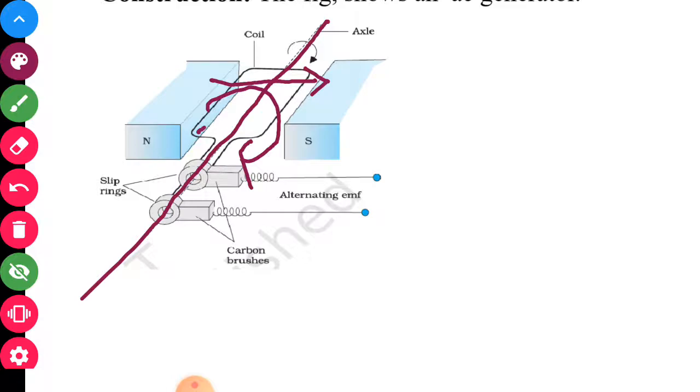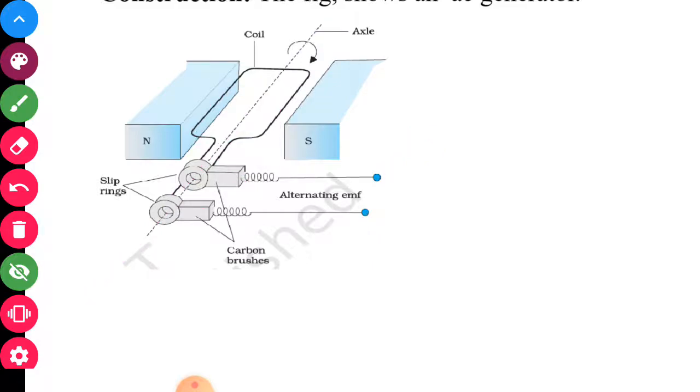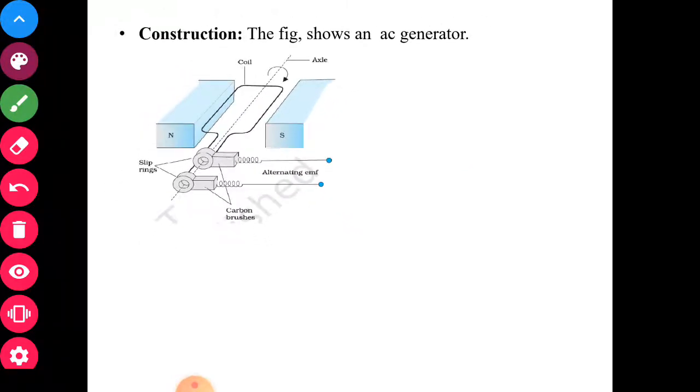And here there are slip rings and carbon brushes which are taking out the electric current which is produced. If you place a galvanometer here, then that galvanometer will show the deflection, or you place a bulb, then the current will pass and the bulb will glow. Okay. So this is all about the construction of this AC generator.